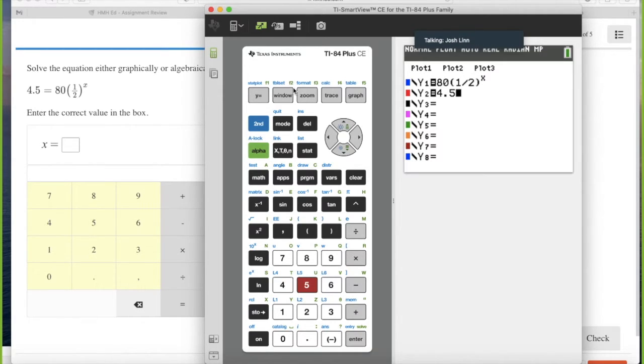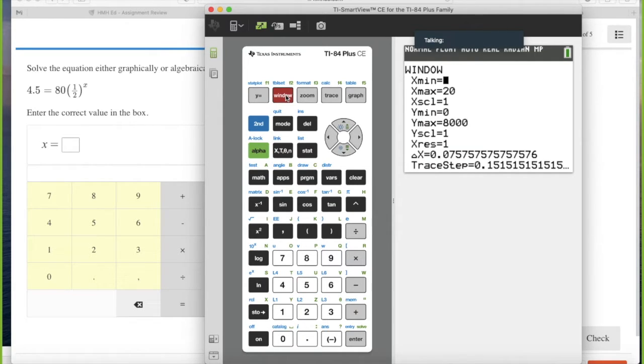So before we do this, let's look at our window. It is going to be an exponential decay function, and so it's going to be going down. So I can say that my y max, we could say that at 80.